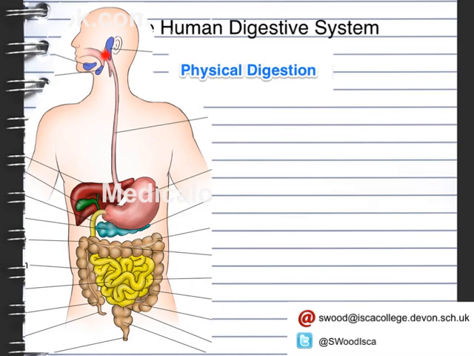Now all of this, all the way through the gullet into the stomach, into the ileum or the small intestine, and then into the large intestine or the colon, and then out through the anus, is what we call the alimentary canal.